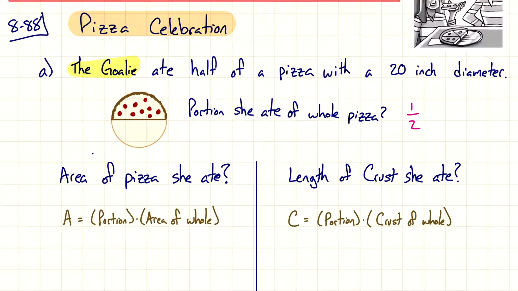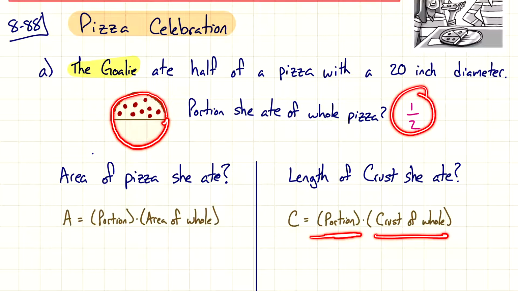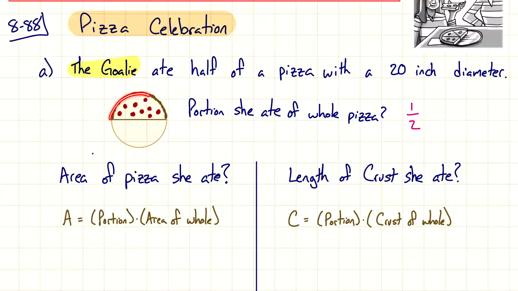So if we find the crust of the whole pizza, which is all the way around, and we multiply that by the portion, which was 1/2, then logically we would only get the crust that she ate. All right, so that's the general idea of what we're going to do. And so let's plug in all the information that we have and see if we could calculate this.